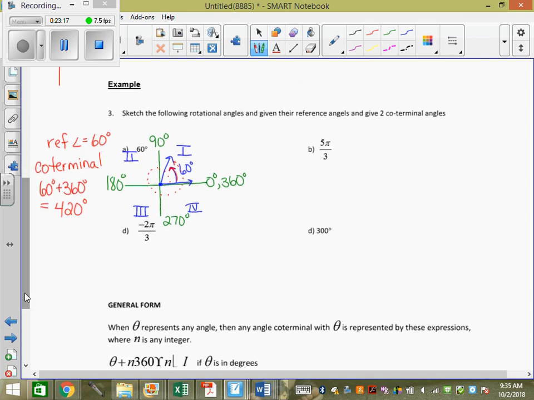And then 60 minus 360. If I want to go the other direction, it's going to be at what? Negative 300. Now, if I drew either of those angles, they're going to end up on the same terminal arm, right?